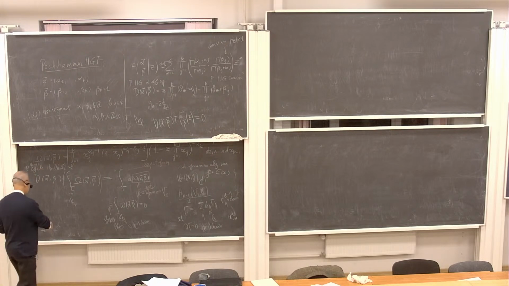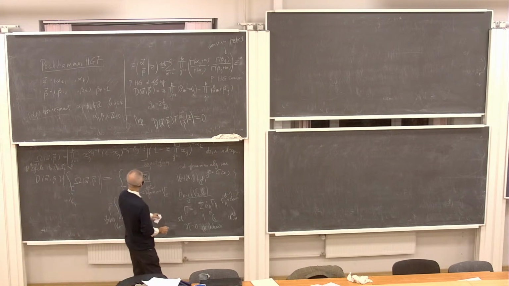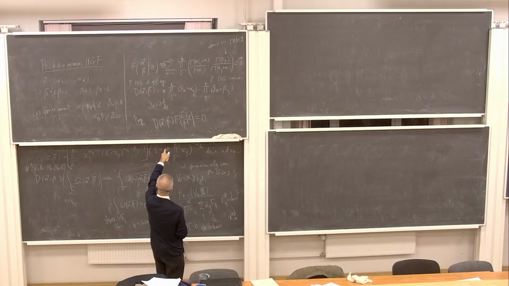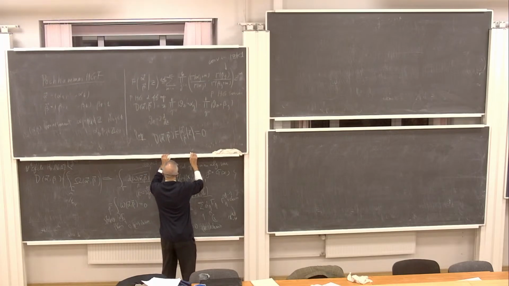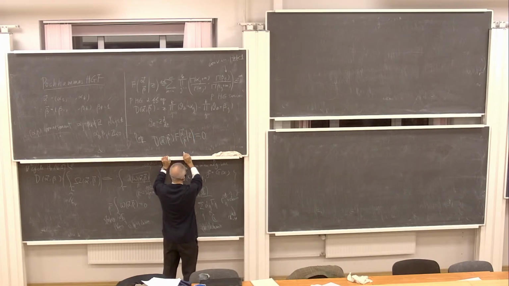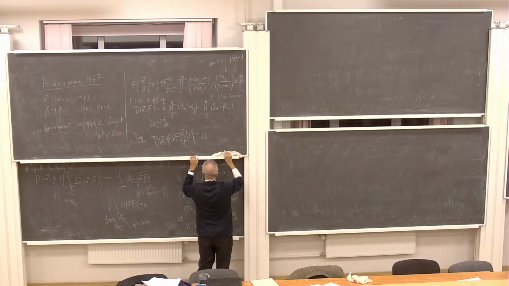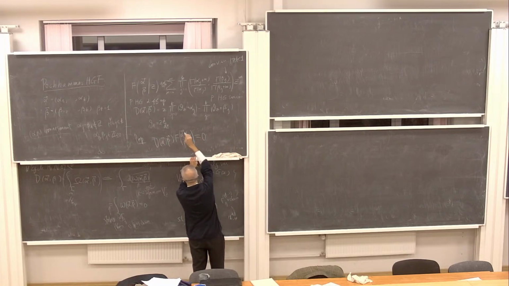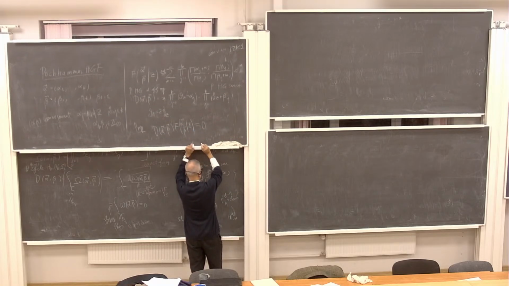That is to say, the D was this differential operator of so-called Fuchsian type, or in fact this is the Pochhammer hypergeometric operator.